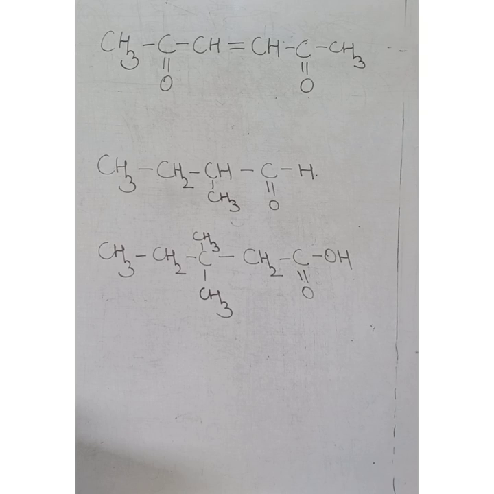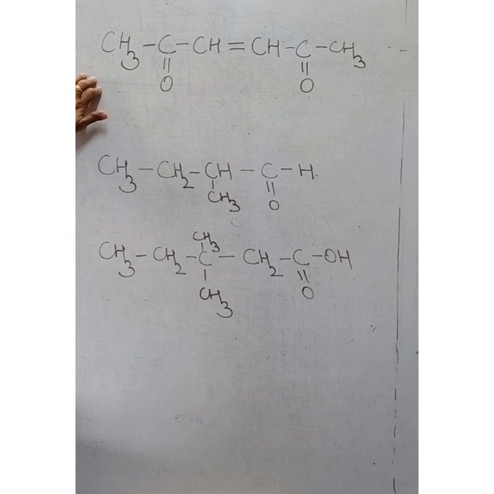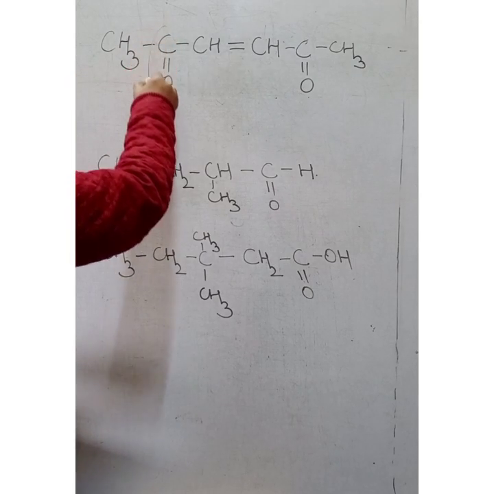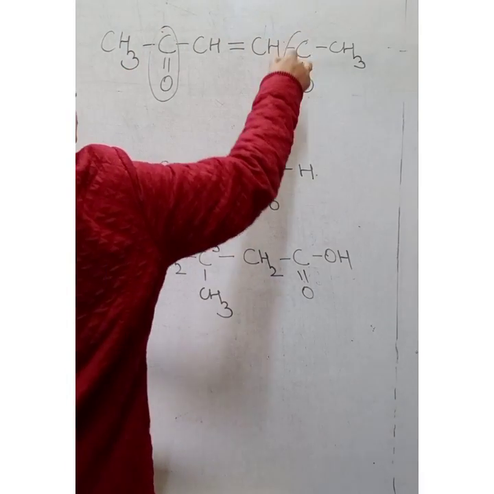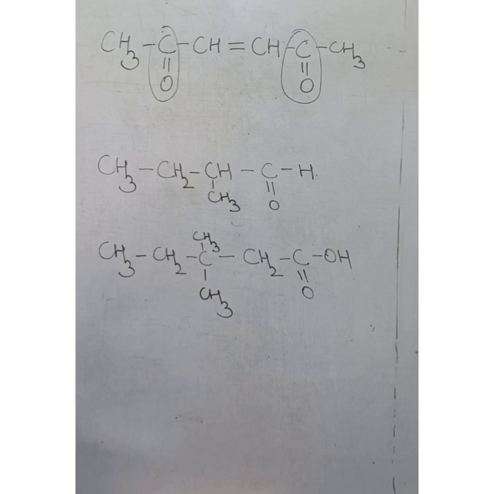Now, let us see a few more examples. Let us see the first compound. The first thing is to identify the functional group. Here you can see we have a functional group. Which functional group is present? Ketone is present, and very important, there are 2 ketone groups present. Apart from that, a double bond is also present.